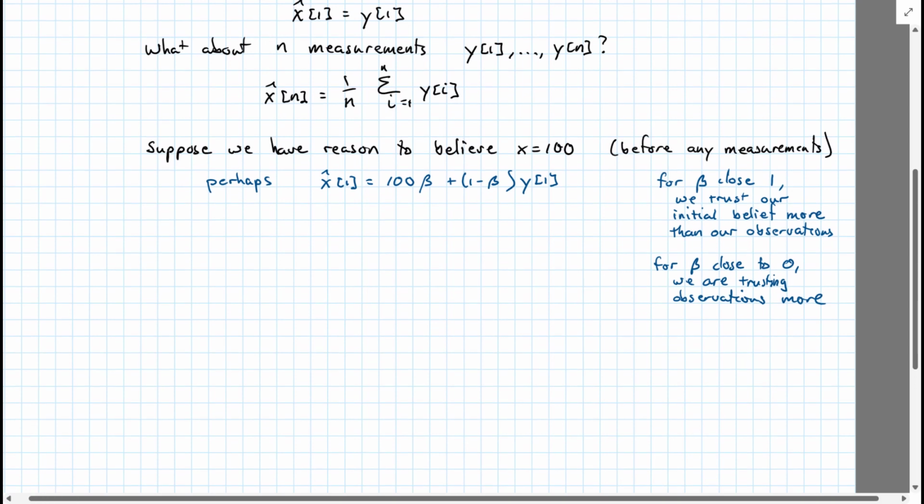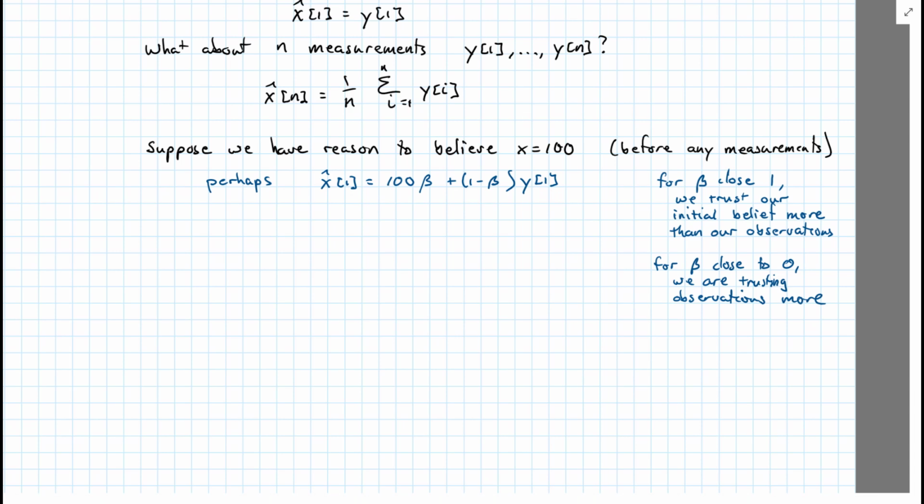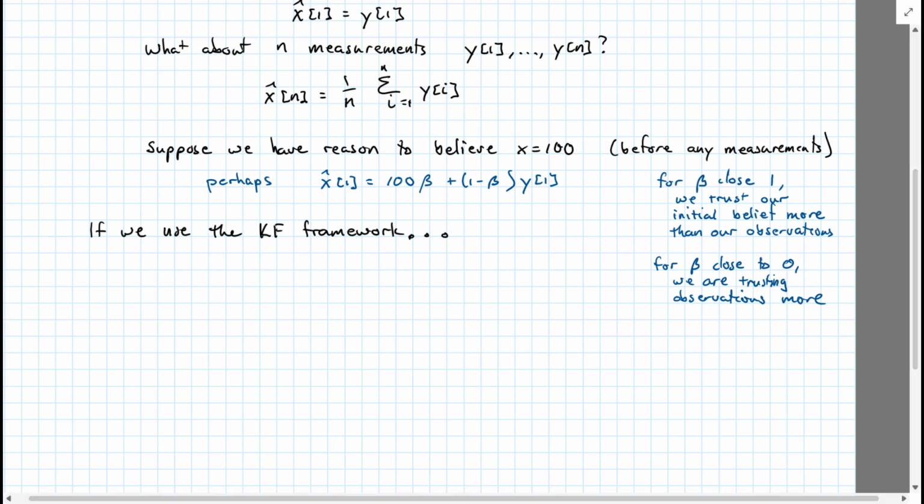Let's now look at the Kalman filter framework and see how that would work for us. We need to choose our x hat of 0.